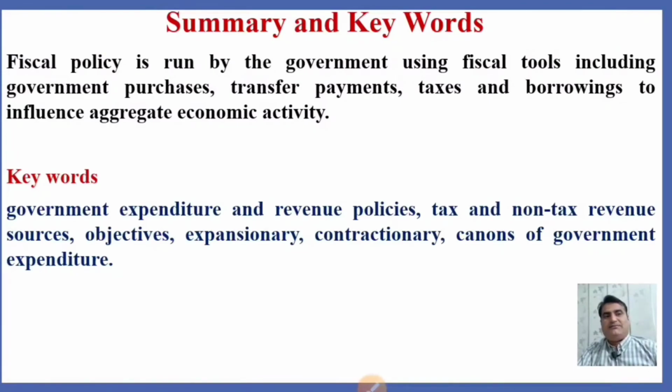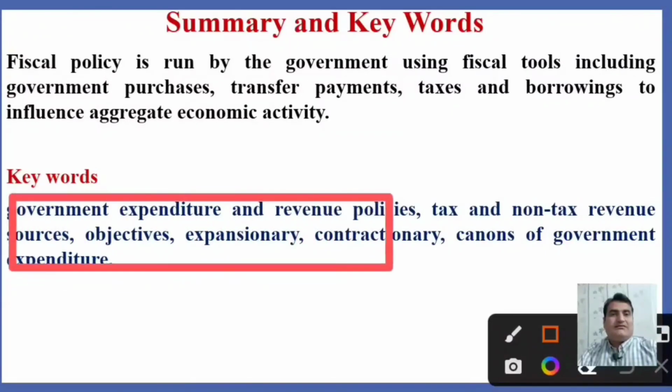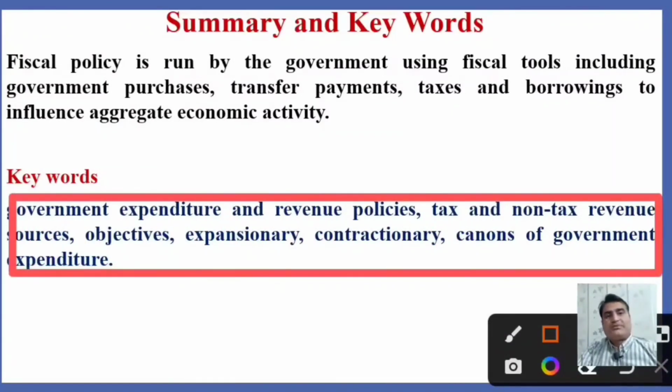Keywords that can be helpful to define fiscal policy include government expenditure and revenue policies, tax and non-tax revenue sources, objectives, expansionary and contractionary policy, and canons of government expenditure. So these words would be helpful to define fiscal policy in detail.